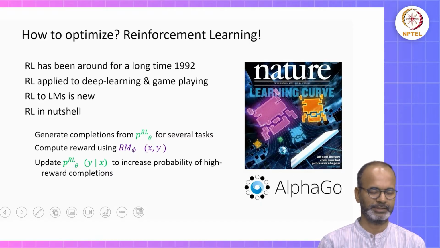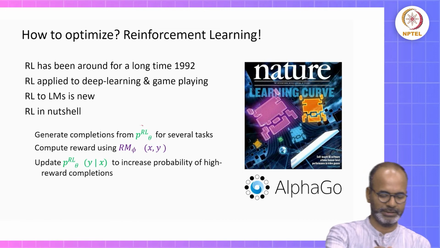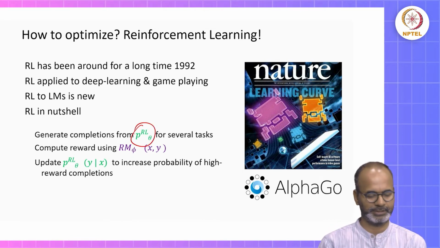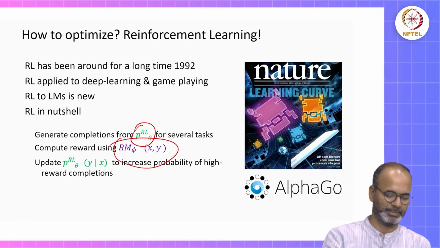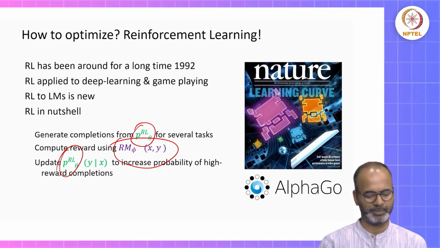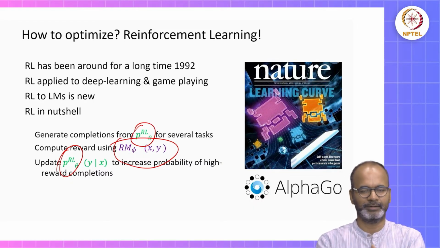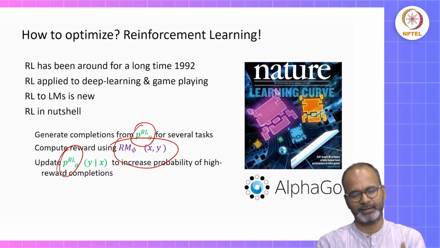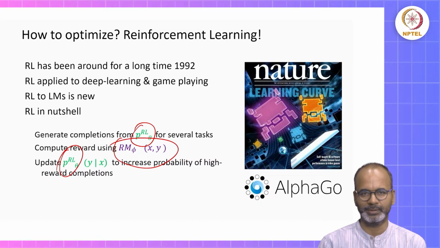Generate completions, which is P RL theta, for several tasks, compute reward functions RM of x, y, and update the model to increase the probability of rewarded completions. Essentially, generate something, find a reward, and make the rewards higher and higher. That's what the goal is.